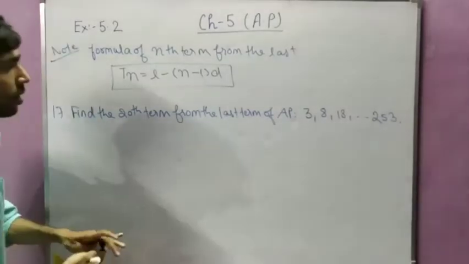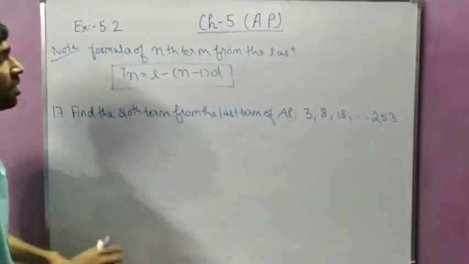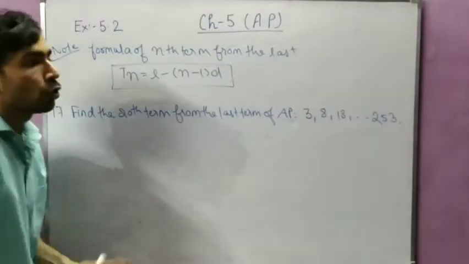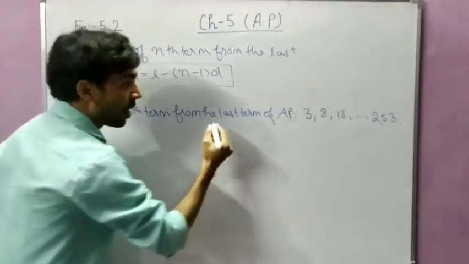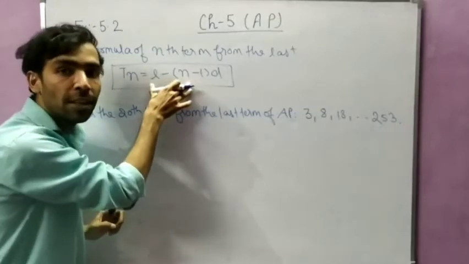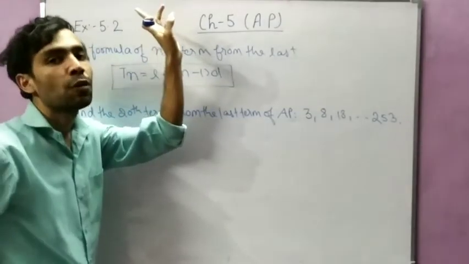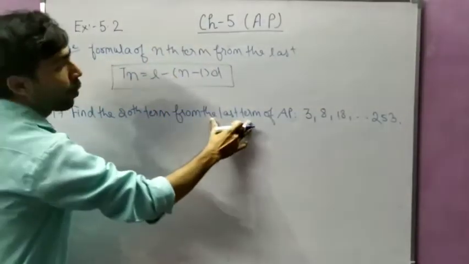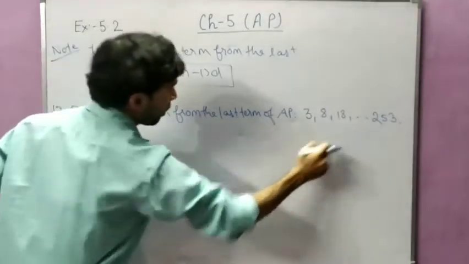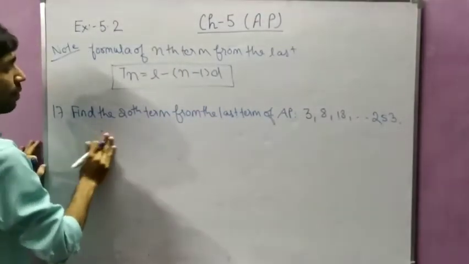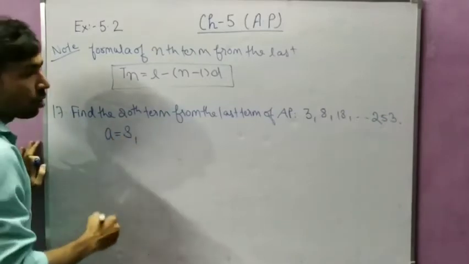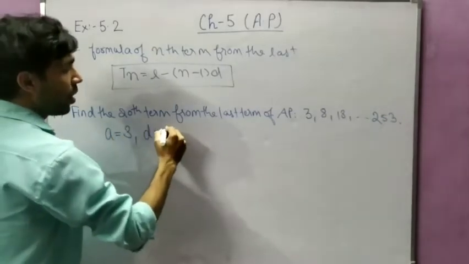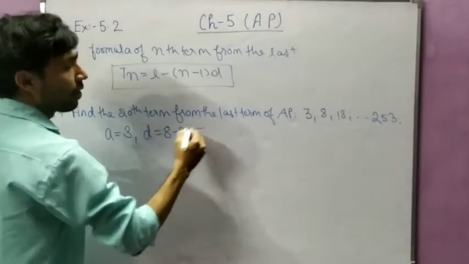If this part is skipped and only the 20th term is to be found, you have to use the other formula only. When it is specified as the last term, you use only this formula. So here it is written from the last. Seeing this AP, the first term is a equal to 3, and the common difference d is equal to 8 minus 3, that is 5.